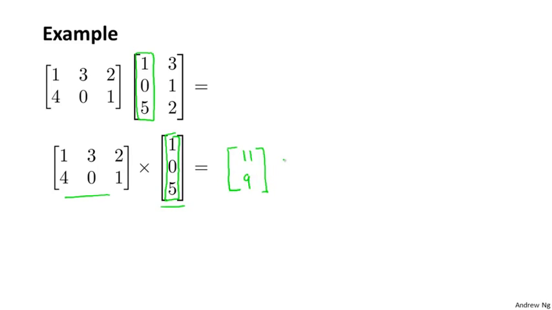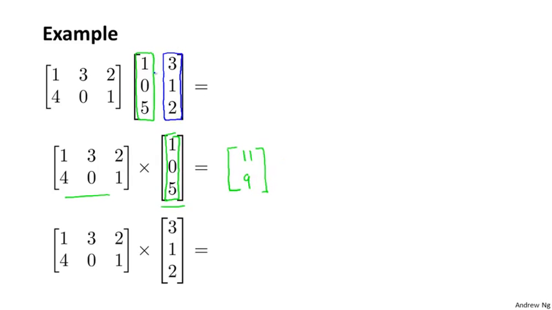And then the second thing I'm going to do is pull out the second column of this matrix on the right, and I'm then going to take this matrix on the left and multiply it by that second column on the right. So again, this is a matrix vector multiplication step, which you saw from the previous video, and it turns out that if you multiply this matrix and this vector, you get 10, 14.